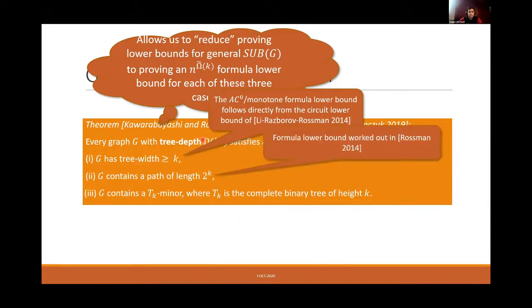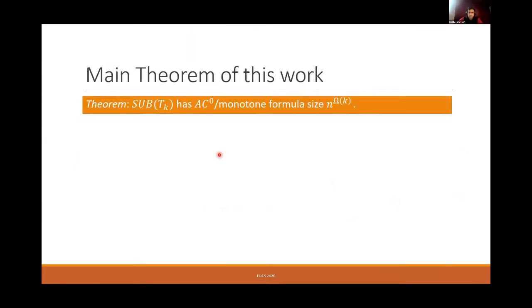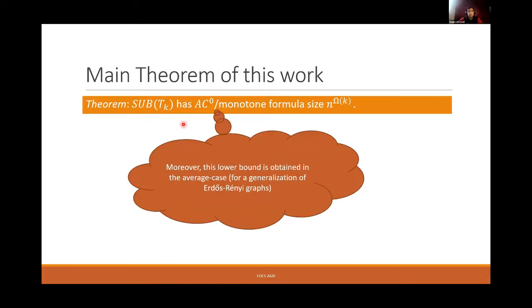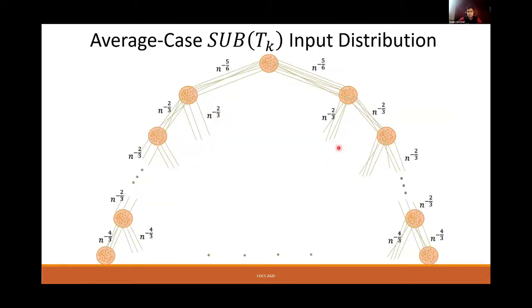In the second case, this formula lower bound was worked out a few years ago by Rossmann. And this third case was left open, and this is really the content of our work. Just to state it again, we show lower bounds for sub T_k, and we obtain it actually in the average case setting. Here's the input distribution for which we obtain it.